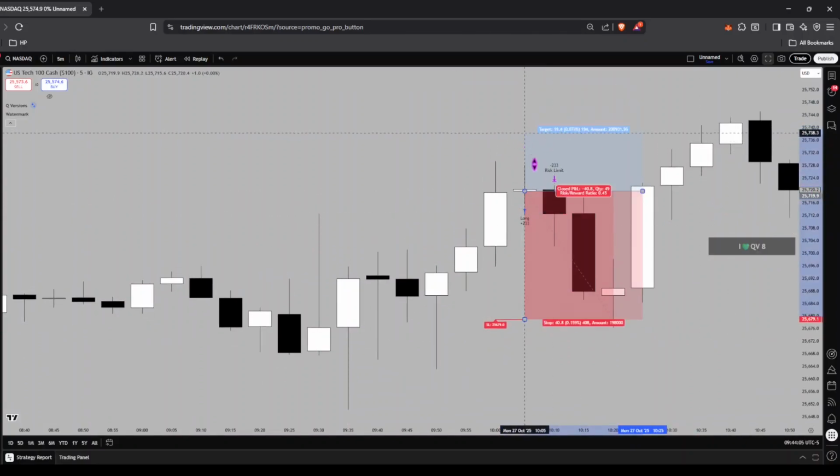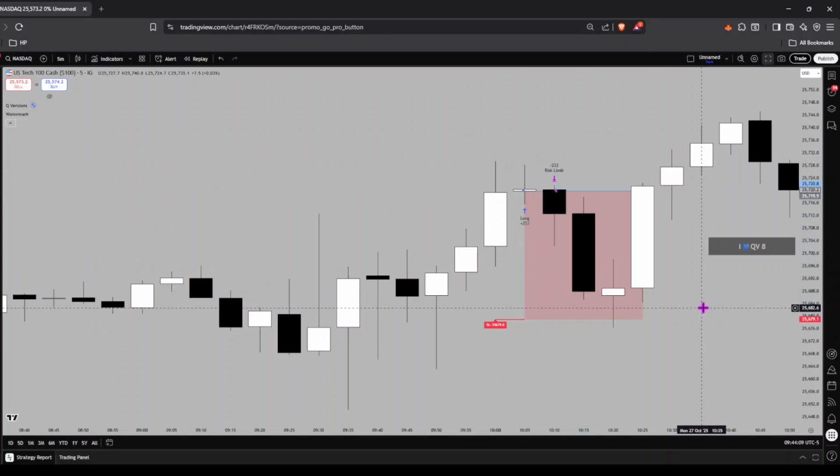And then the take profit is right about here. However, I wouldn't consider this trade in profit or break even. I'll consider it a loss, just because a lot of brokers apply spread and commission. Therefore, I would just count it as a loss of 0.1 R.